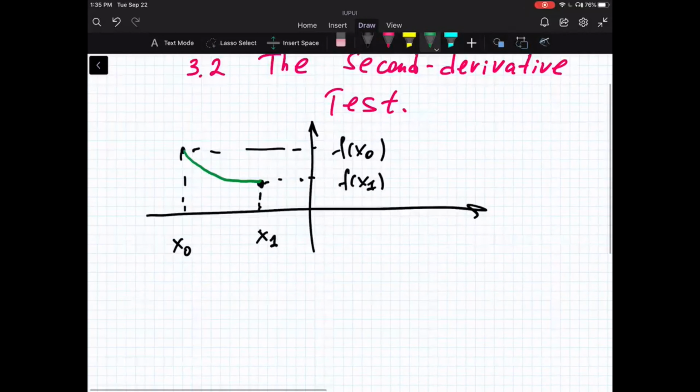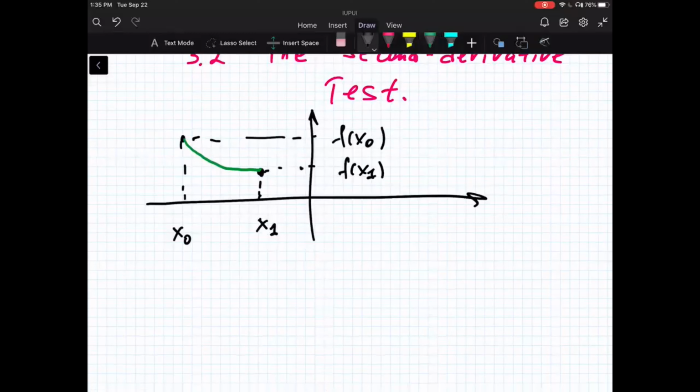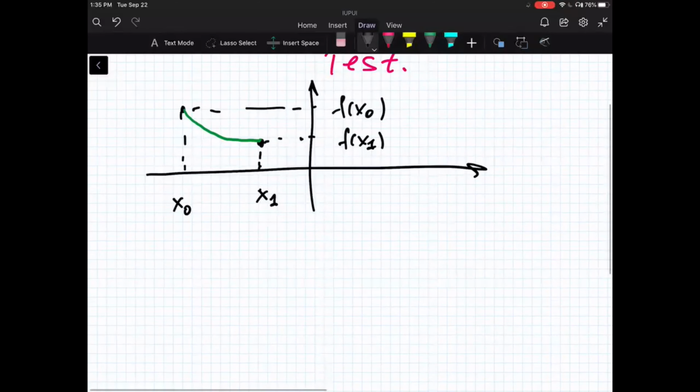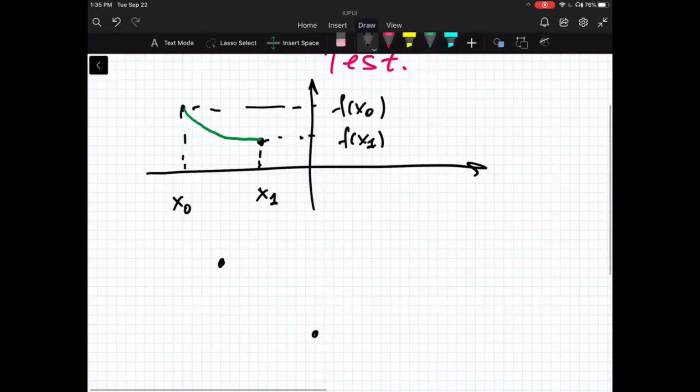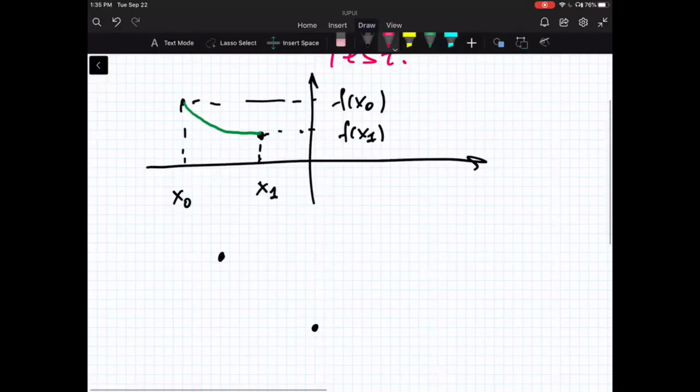What is left, and that's what we discussed at the end of the last class, is that even if you know that your function is decreasing, you still have two ways to connect 2 points. Either you connect it like that, or you connect it like that.